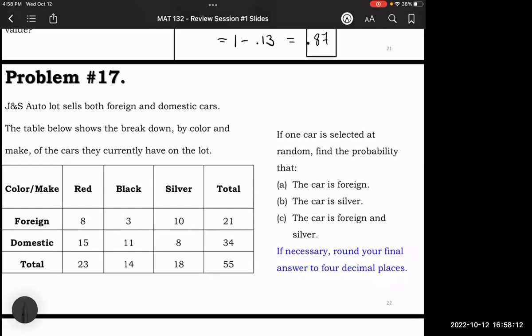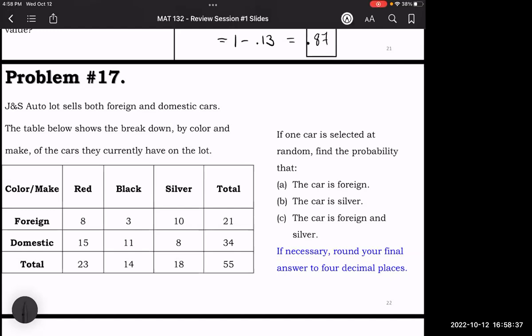Those are categorical variables, essentially. One thing to note: if the totals are not there, you have to first find all your totals, meaning how many foreign cars, how many domestic, how many red, black, and silver.